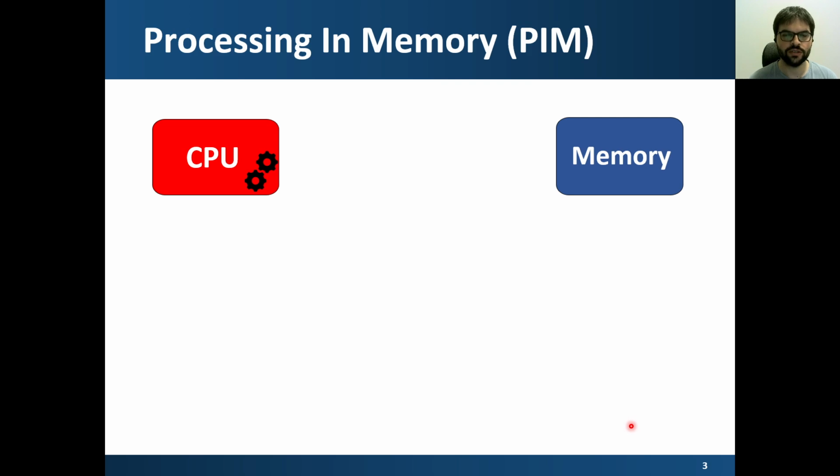We know that in traditional von Neumann architecture, that's how computers are built, and we constantly move data from the memory to the CPU and back. This creates a bottleneck, which hurts the performance of a lot of applications, mostly when we have a lot of data.